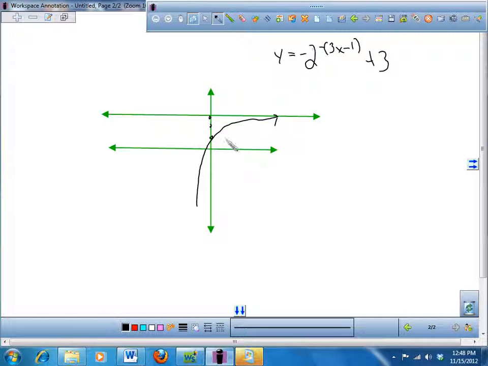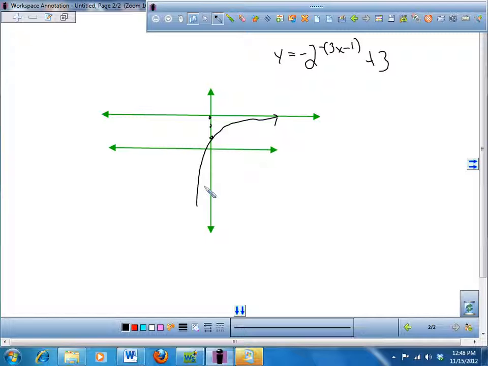Because it's flipped over the y-axis, flipped over the x-axis, stretched, that's kind of hard to tell. It's moved over 1, actually it's moved +1 because it's negative, that's complicated. And up 3, something like that. I'm not going to make you do all these things at the same time, just 1 or 2. Okay, so that's kind of the graphs of exponential functions.